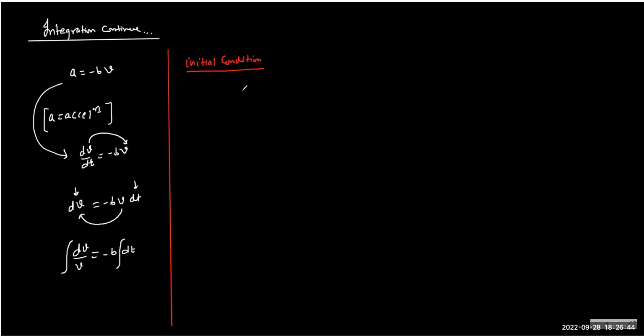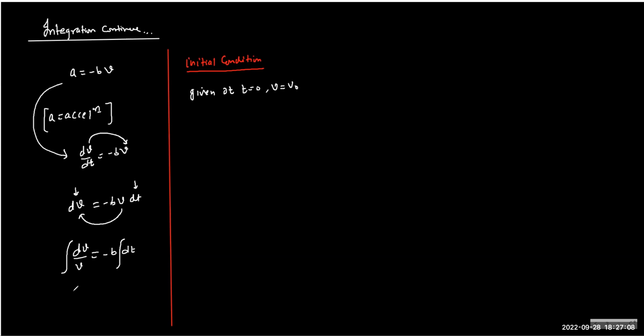So there are two ways. I will show you the two approaches. The first is you keep the initial condition handy. So let's say it's given to you, at t equals to 0, the velocity is v naught. Let's say this is given to you. So you do a normal integration the way you do.